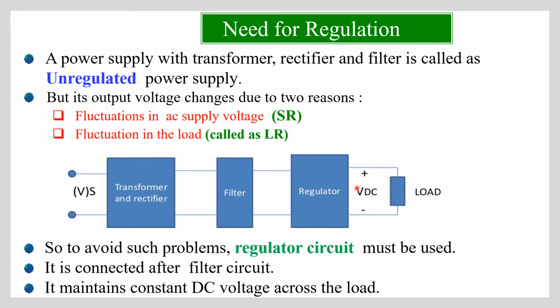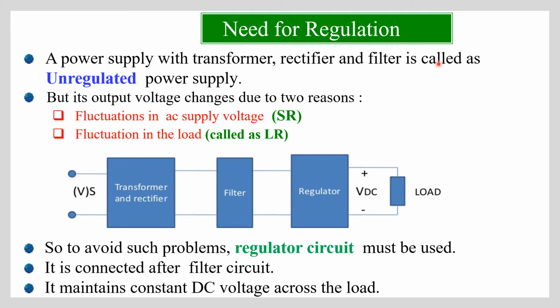So why is this block necessary? After the filter we get a steady DC supply, but why do we require this regulator? If there is a variation in the AC voltage or in the load, then to keep the voltage constant across the load, we require this regulator.